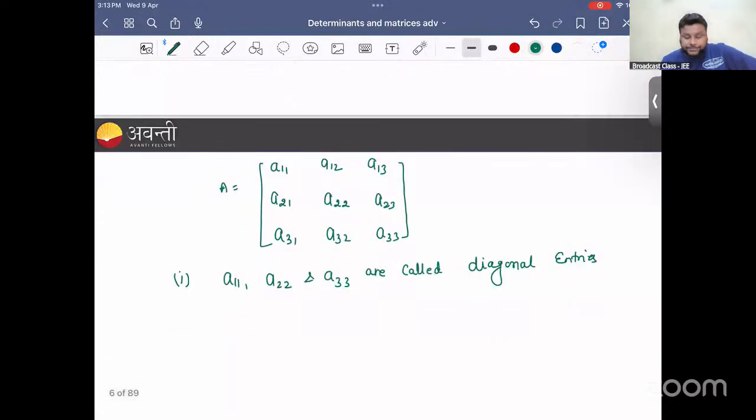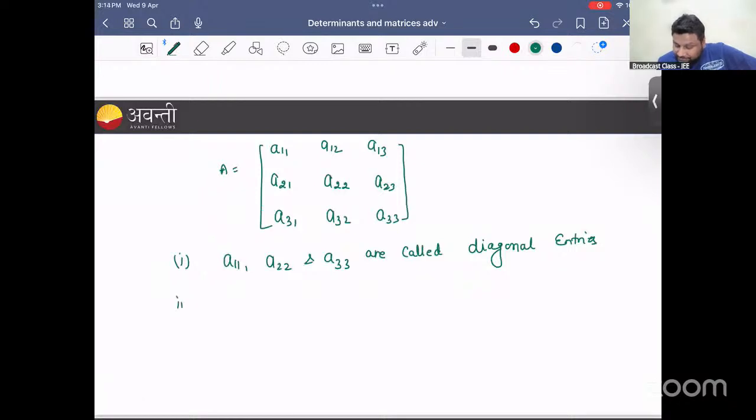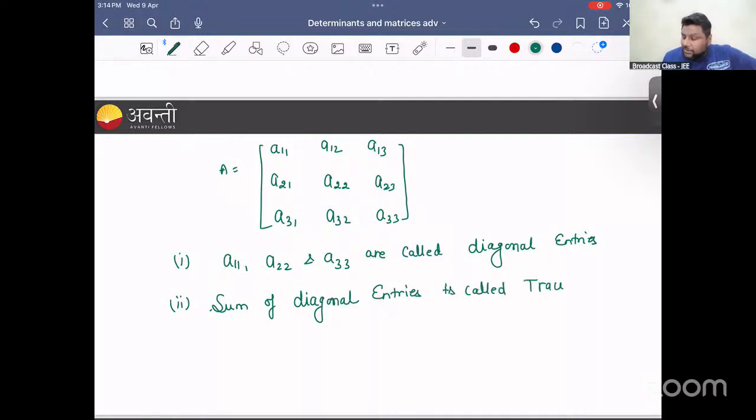All right. And second, the sum of diagonal entries is called the trace of matrix A. That means we write it as tr of A. So trace of A is A11 plus A22 plus A33.